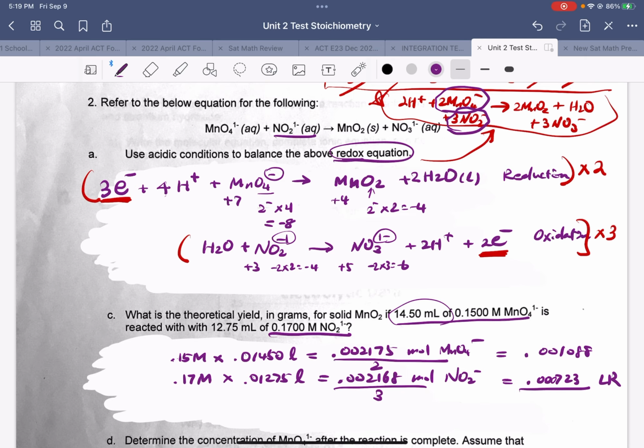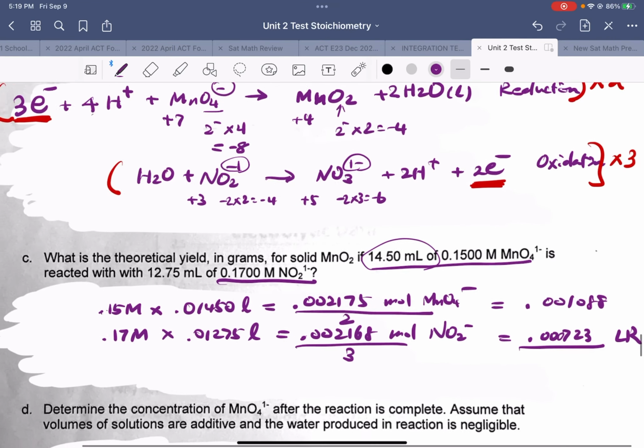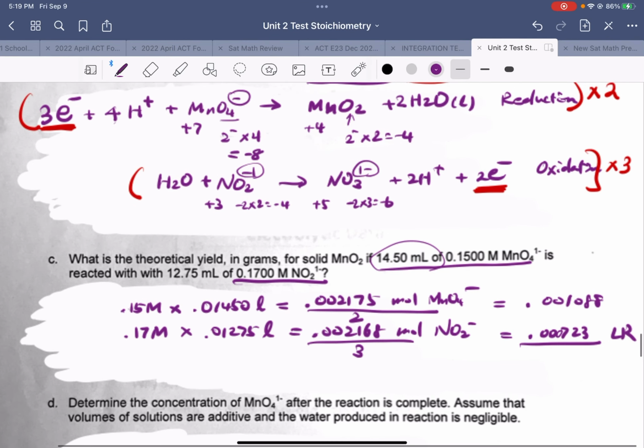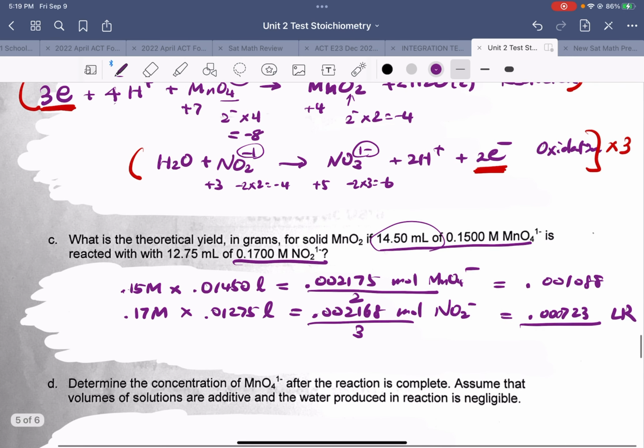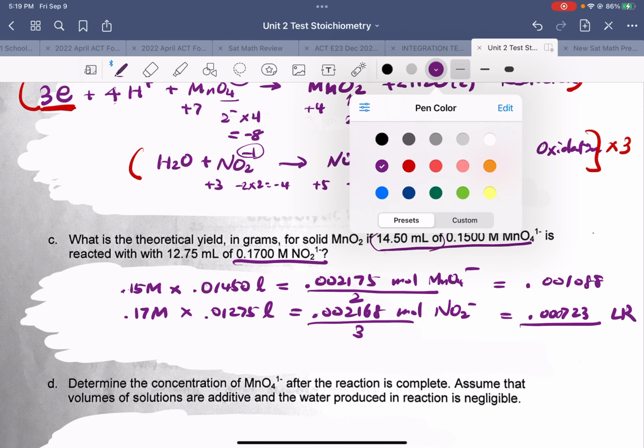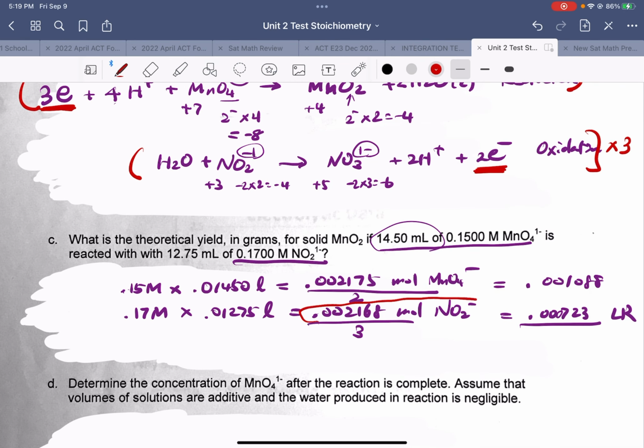Okay. So now, since you found the limiting reactant, you work with that. So I'm going to start from this limiting reactant. So you're going to say 0.002168 mole of NO2-. Now, you need to find MnO2, right? What is the theoretical yield?